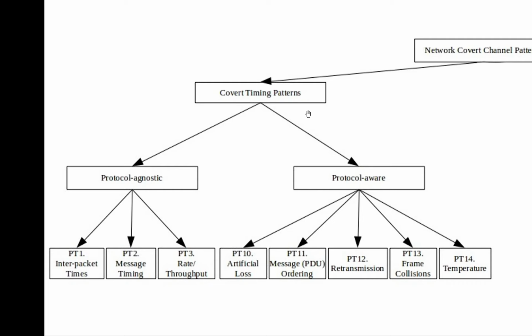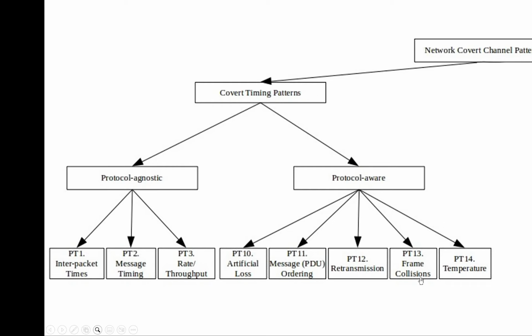Or message ordering. TCP can also correct the wrong order, but this could also be some information where we can put some message in. Or there's a retransmission. Typically if there's a loss, there's a retransmission of the packet, but you can also retransmit just out of the blue, because that can encode some information.